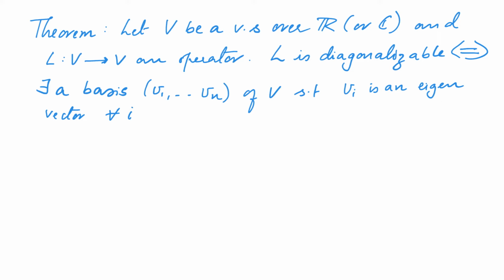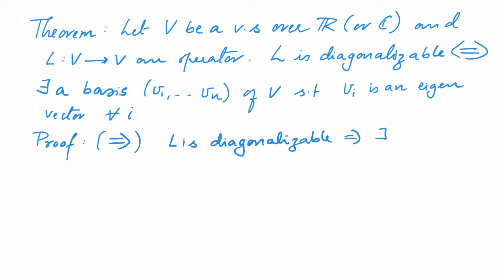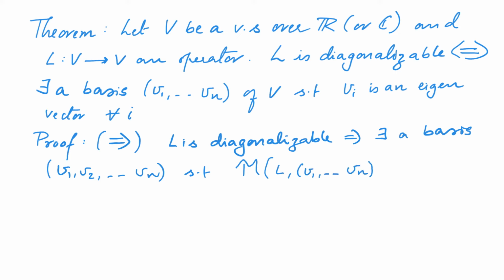I will briefly sketch the proof, and completing the proof will be left as an exercise. First, we will see the sketch of the proof of this direction. So if L is diagonalizable, then there exists a basis V1, V2, etc. up to Vn such that the matrix of L with respect to the basis V1, V2, V3, etc. up to Vn is a diagonal matrix.